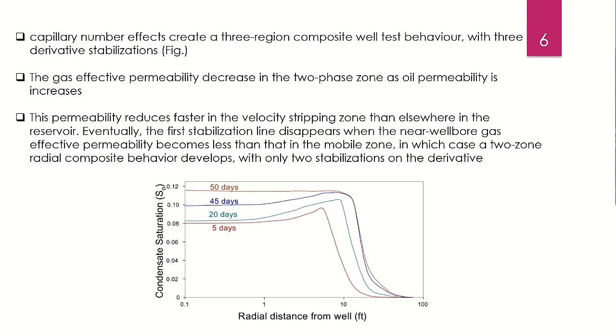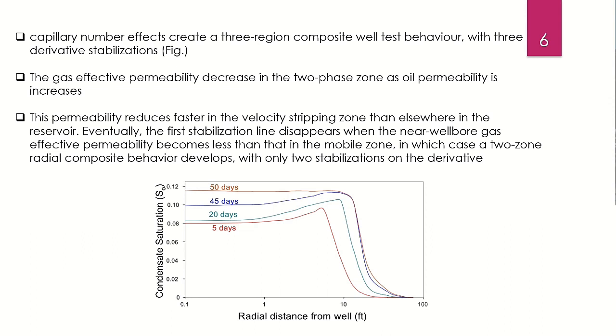Capillary number effect creates a three-region composite well test behavior with three derivative stabilizations. As we see in the figure, the gas effective permeability decreases in the two phase region as oil permeability is increased. This graph is condensate saturation versus radial distance from the well.